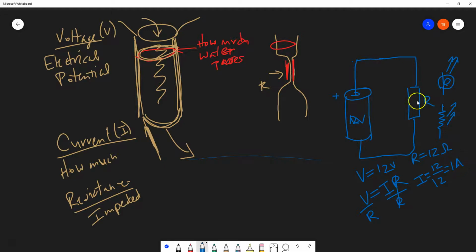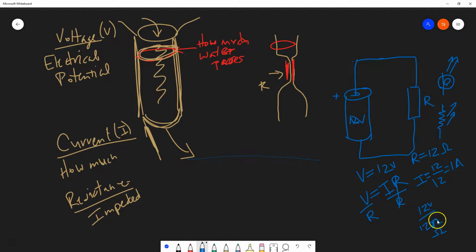As you can see, the higher the resistance, the number on the bottom gets larger and the current flow drops. So if the resistance were 120 ohms instead of 12 ohms, you would still have 12 volts on top, and you would have 120 ohms, and the symbol for ohm is the omega symbol.